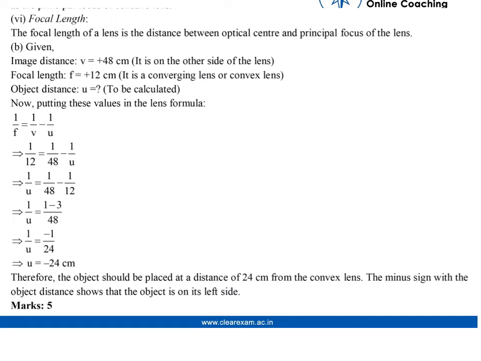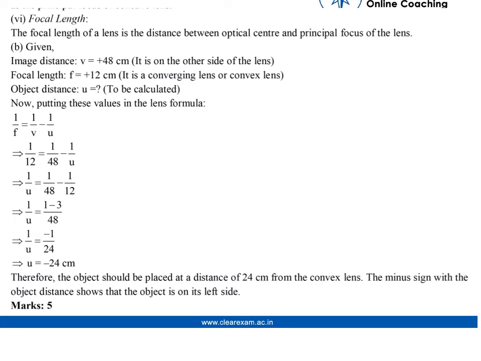Since we are given v is 48 centimeter on the other side of the lens, this plus sign denotes that it is forming on the right side of the lens. The focal length is 12, plus here is due to the converging lens. Since it is a converging lens or convex lens, its focal length is plus 12 centimeter. And we have to find object distance u.